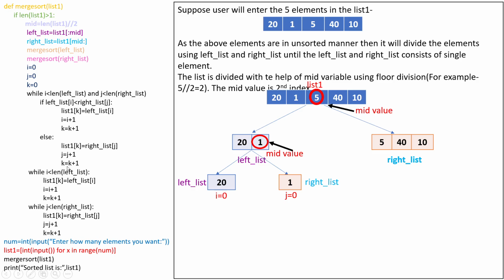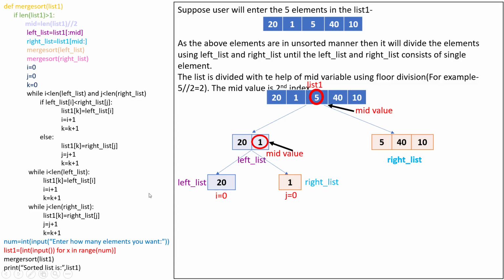J is incremented already. 1 less than length of right list, 1 less than 1, false. So this while loop will get terminated. Again it will go to the function, to the condition: if length of list 1 greater than 1. Again this function will be executed.